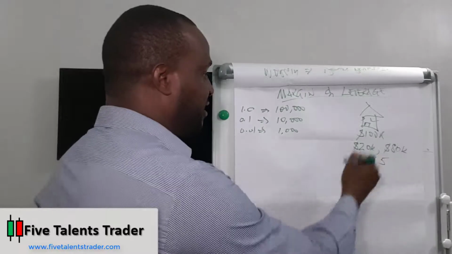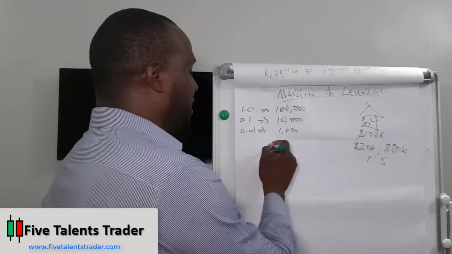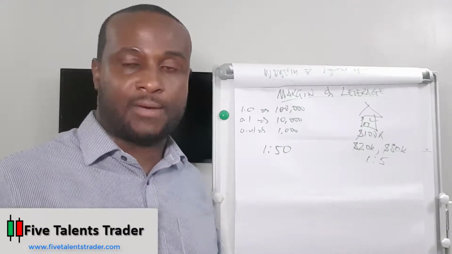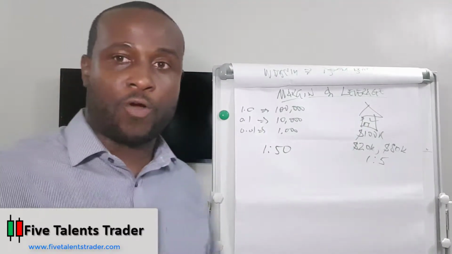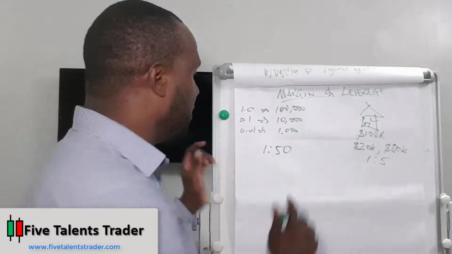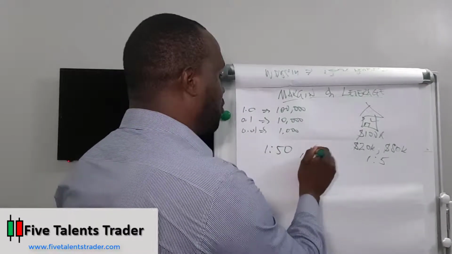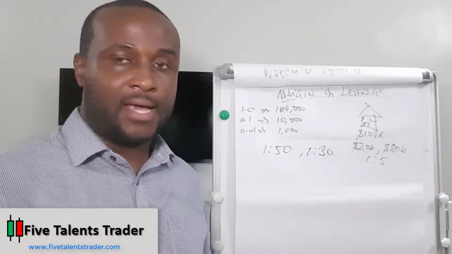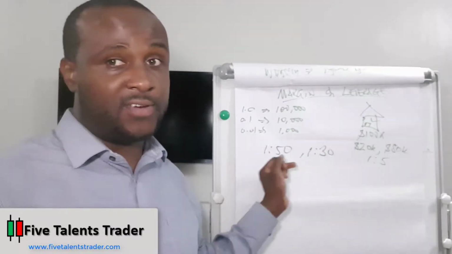And the leverage that they apply in the USA is about 1 to 50, which is by law the highest leverage that can be applied for a retail trader's account. And in the UK, just recently in August last year, it was dropped down to 1 to 30. Still, these are significant amounts of leverage.